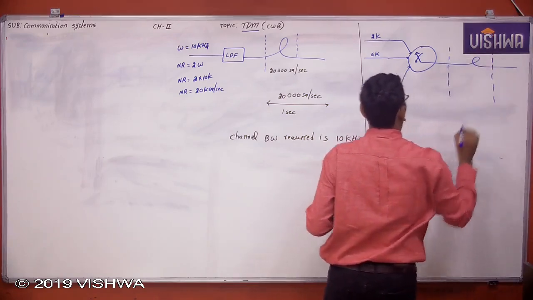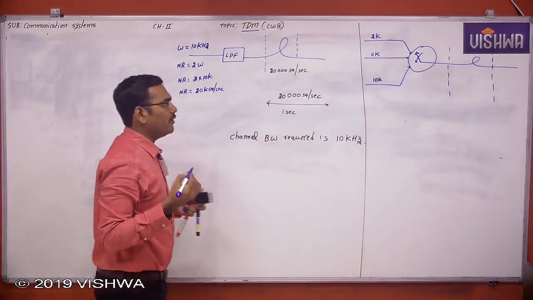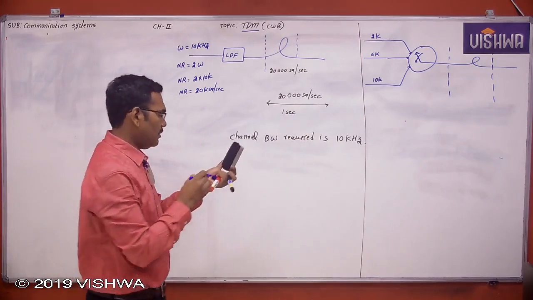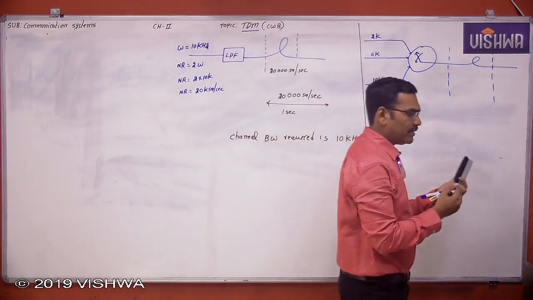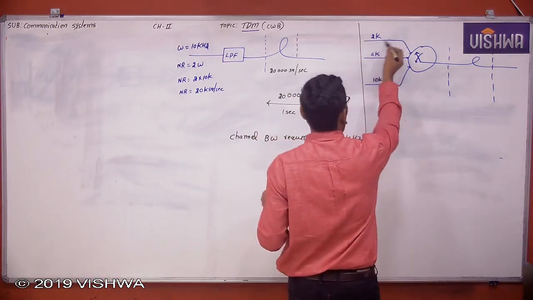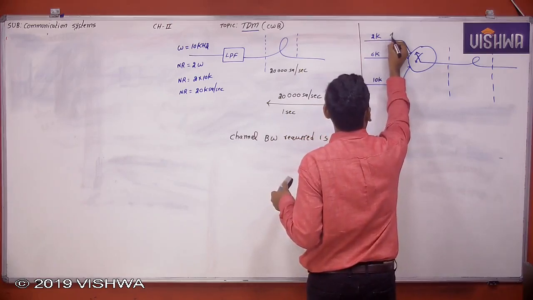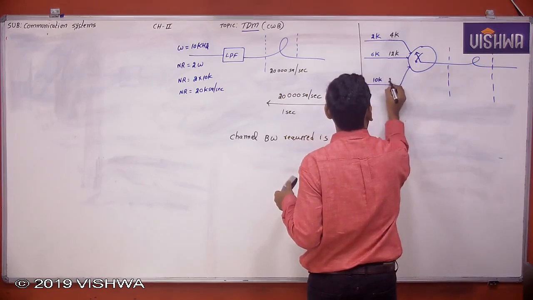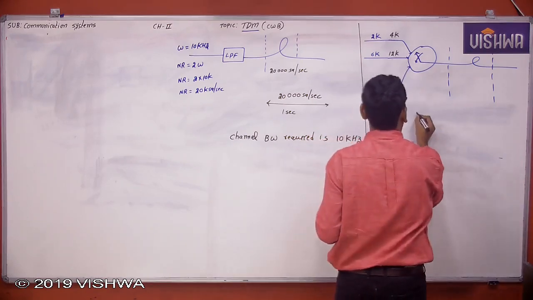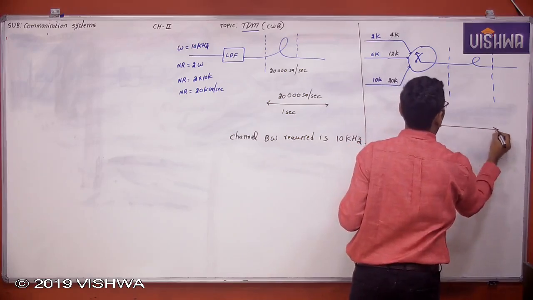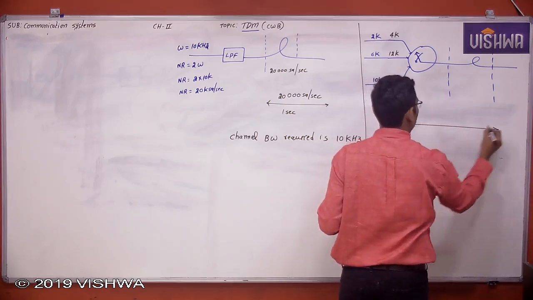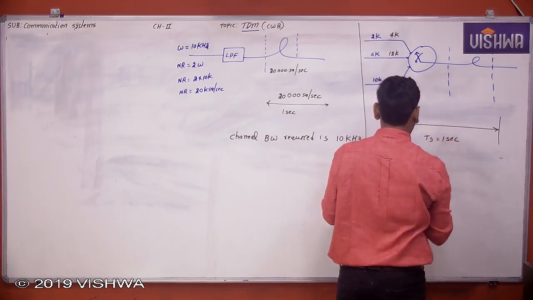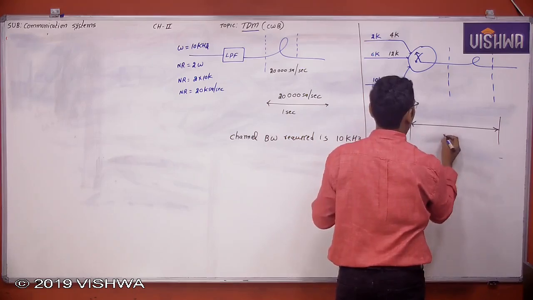Now you tell me, how many samples are transmitted over a duration of 1 second and how much channel bandwidth is required? The signals are sampled at the Nyquist rate. Therefore this is 4 kilo, 12 kilo, 20 kilo, over a duration of Ts seconds, which is 1 second.